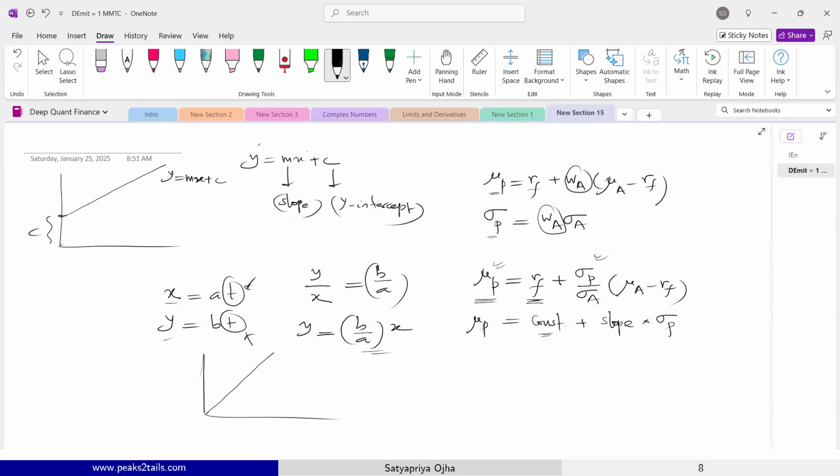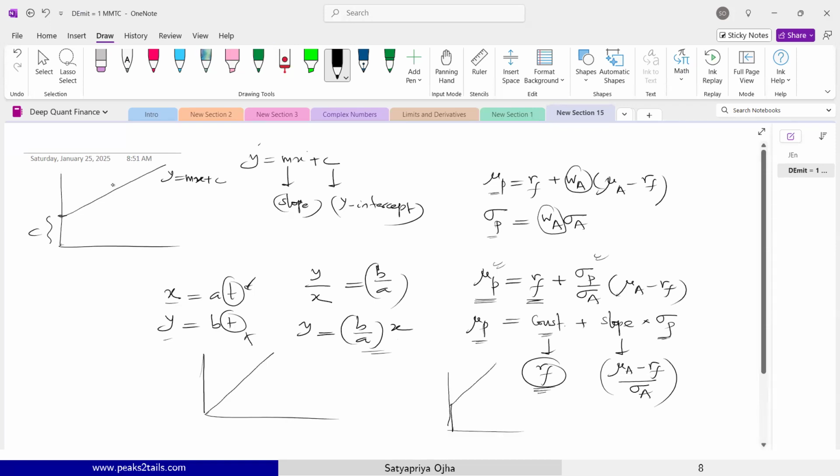What is the slope? Our constant is RF. The slope is mu A minus RF divided by sigma A. So clearly we can see that the mean return is a linear function of sigma P. If you want to plot it, it will be a straight line.